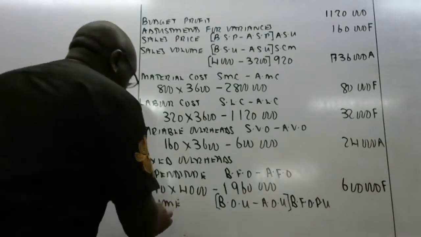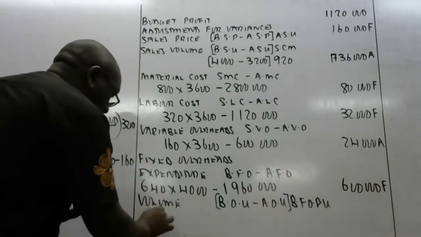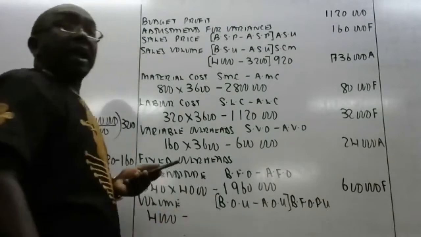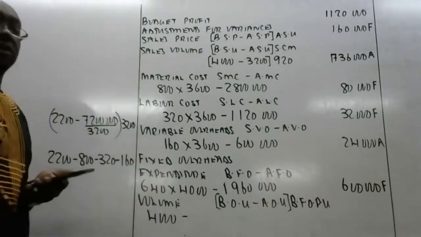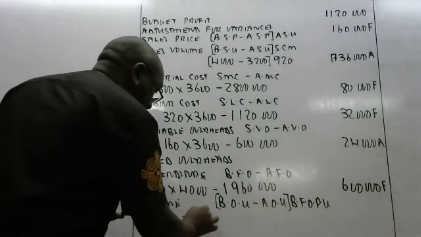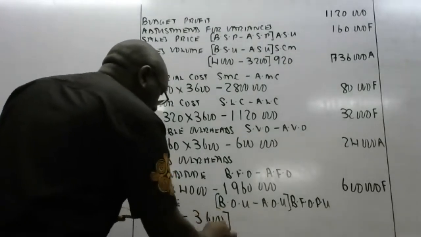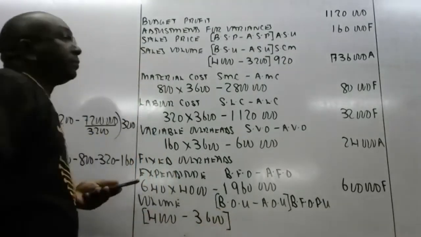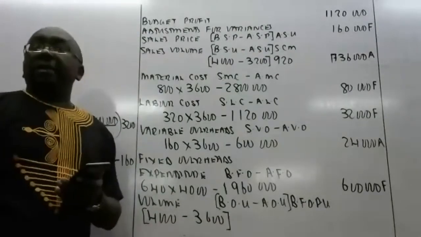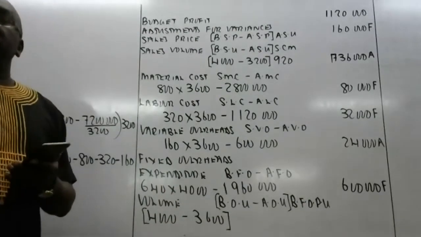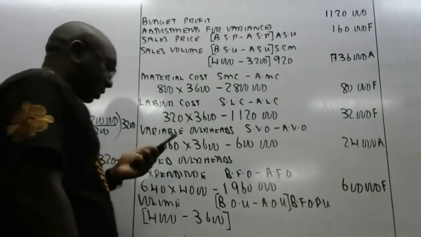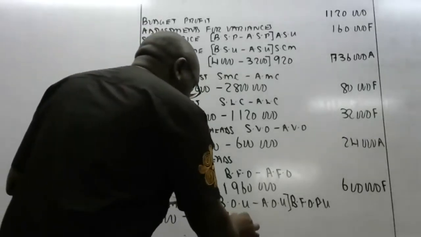The budget output was 4,000 units, and the actual output was 3,600. And then the budget fixed overheads cost per unit, we know so well, it was 640.